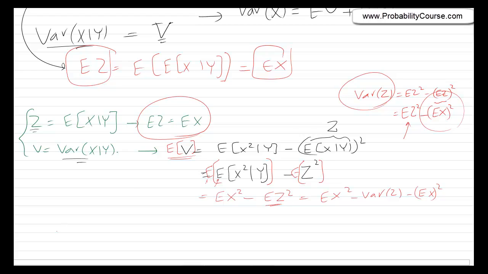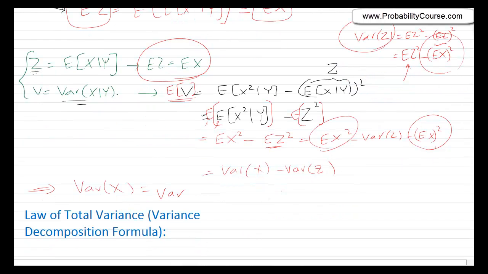What is this? Note that we are calculating the expected value of v. We found it to be equal to, if I look at these two terms, the variance of x minus the variance of z. In other words, I have shown that the variance of x is equal to the expected value of v plus the variance of z.